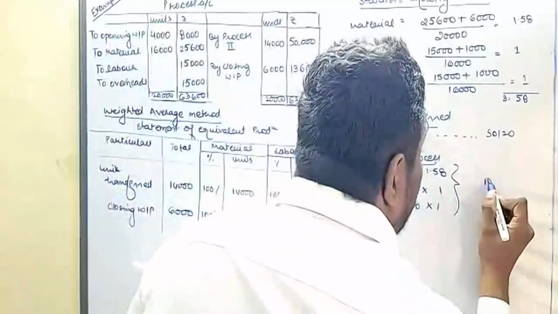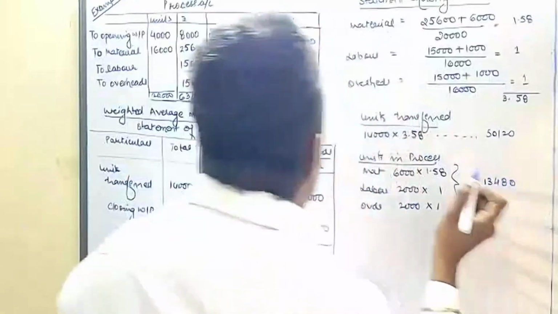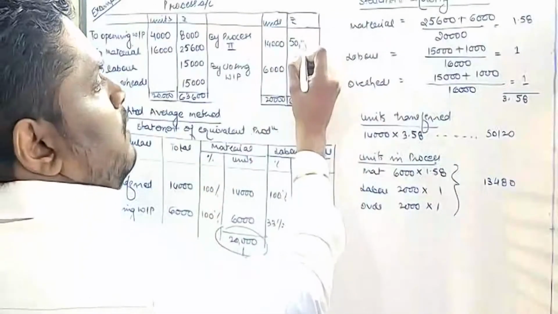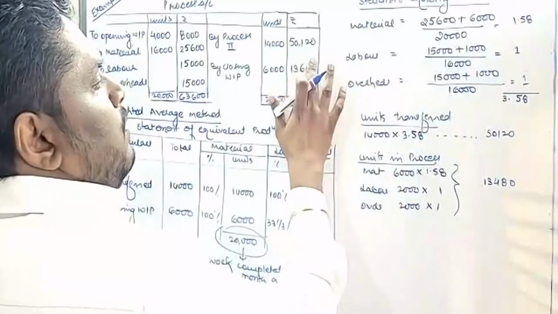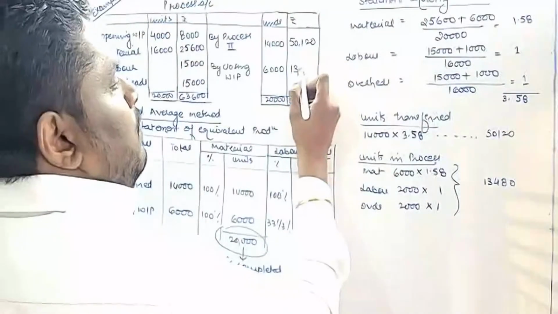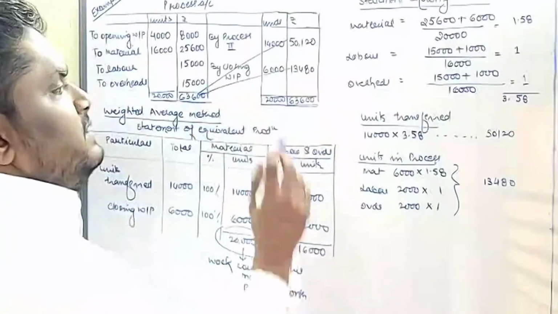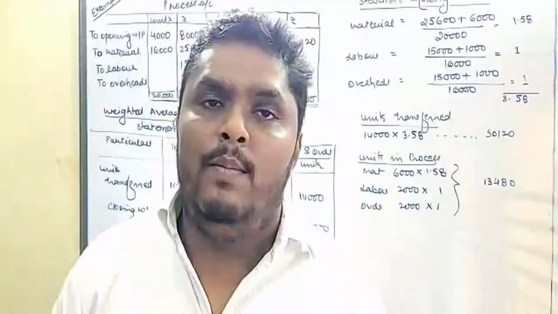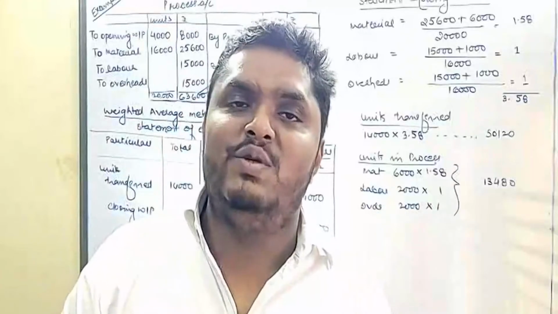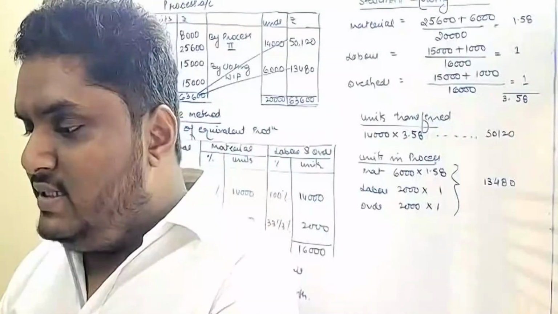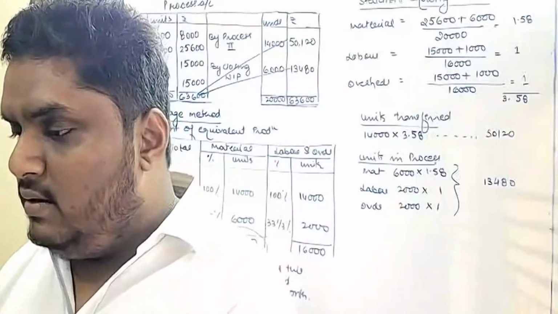So this will be 13,480. So this is how this cost of 63,600 will be apportioned among the units transferred and the closing work in progress. If you guys have any doubts in this part, please post your queries.